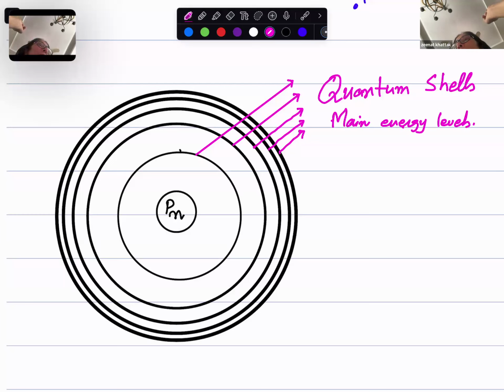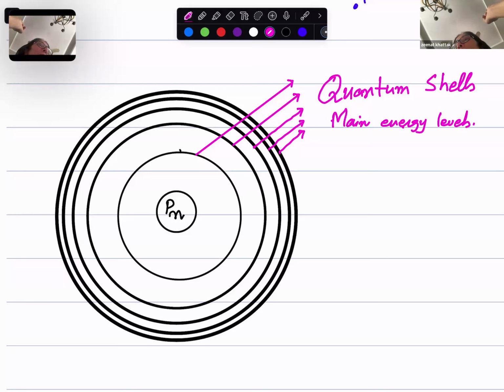And they are represented by the principal quantum number n. The n could be 1, it could be 2, it could be 3, and so on.